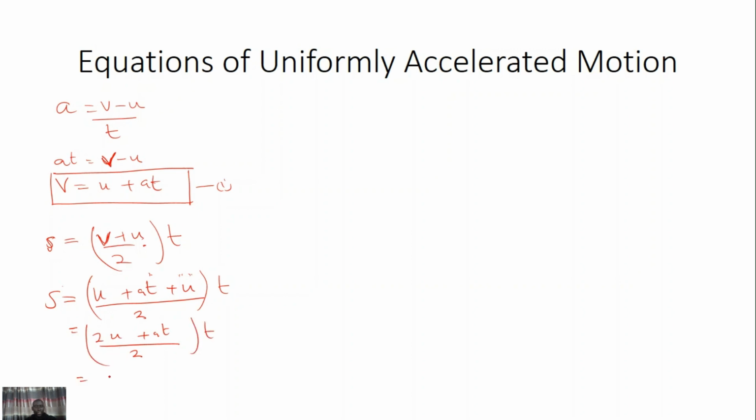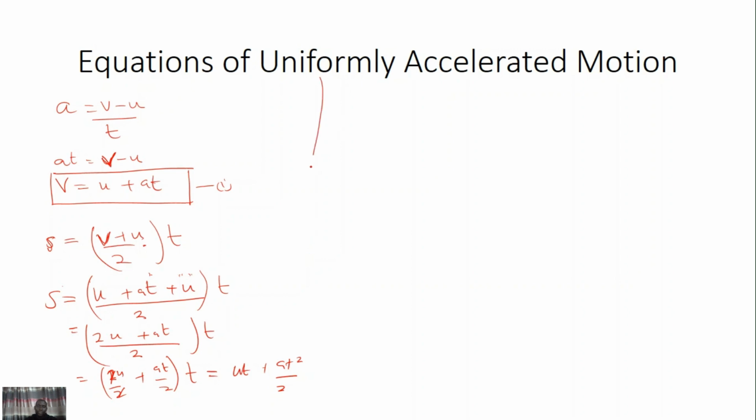And we know this is the same thing as 2u over 2 plus at over 2. Here, the 2s cancel. And don't forget that we still have t. If we open this bracket, that will be ut plus at squared over 2.